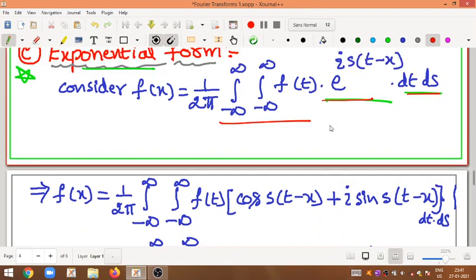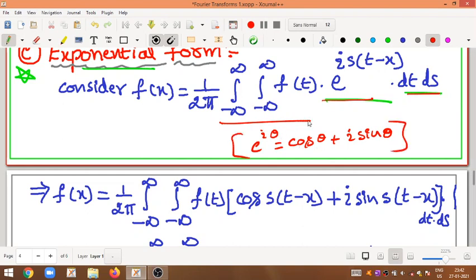We all know that e power i theta is nothing but cos theta plus i sin theta.